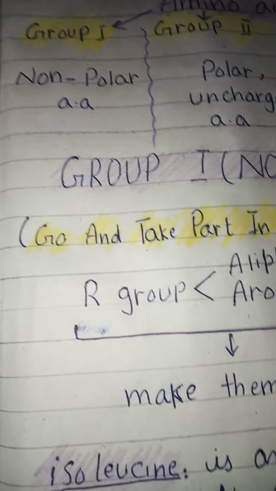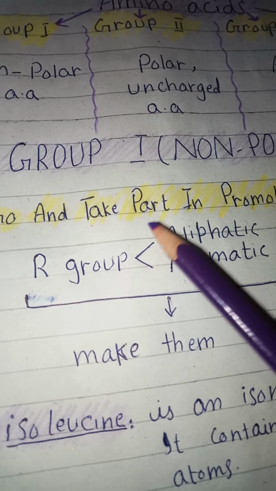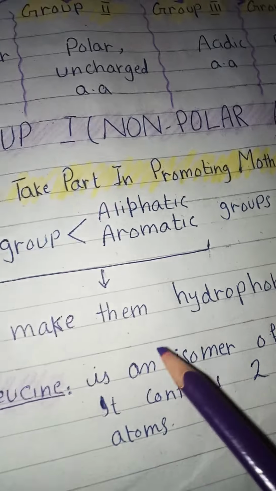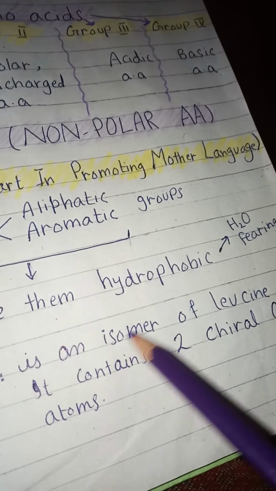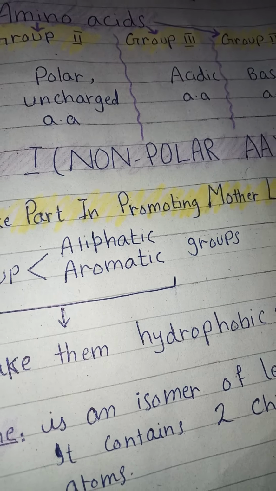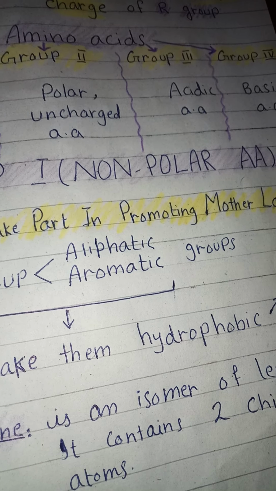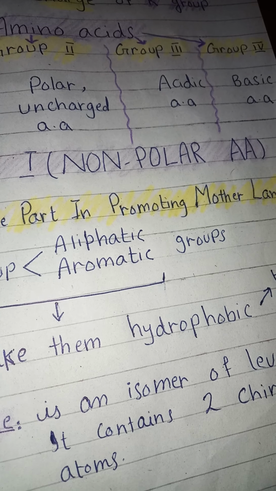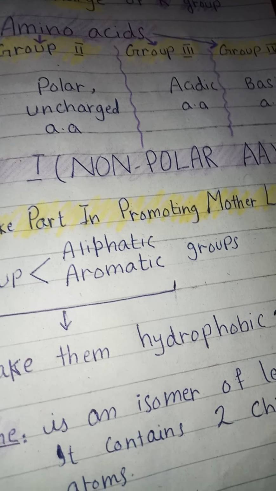Now, there are leucine and isoleucine present in this group. Isoleucine is an isomer of leucine. What is an isomer? Isomers have the same number and the same kinds of atoms but differ in chemical and physical properties.